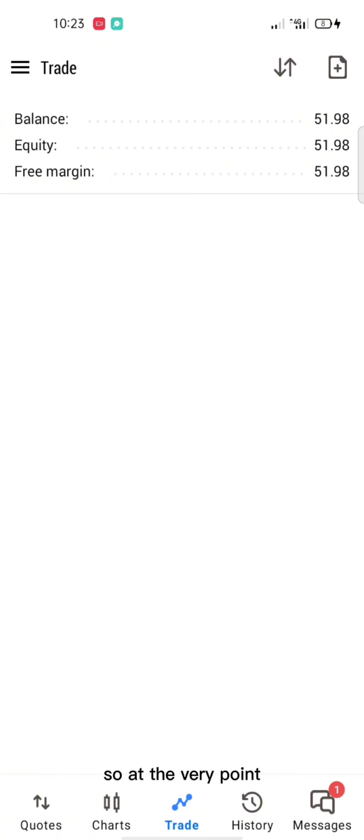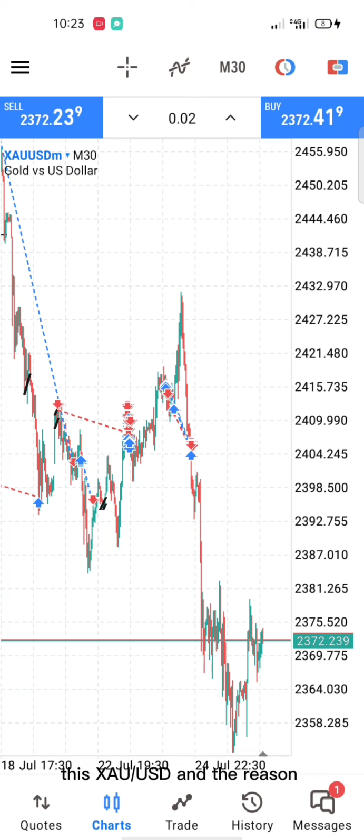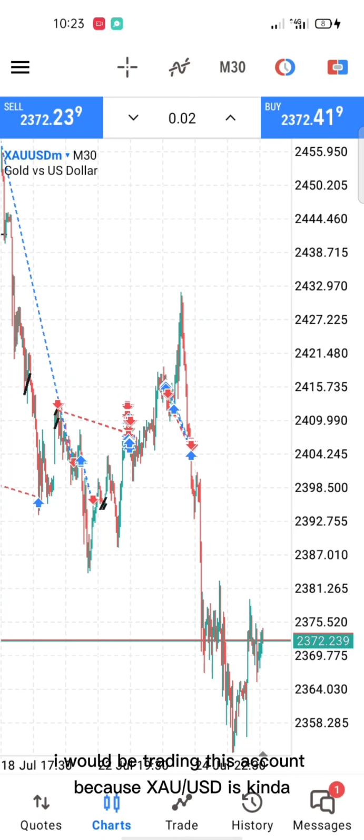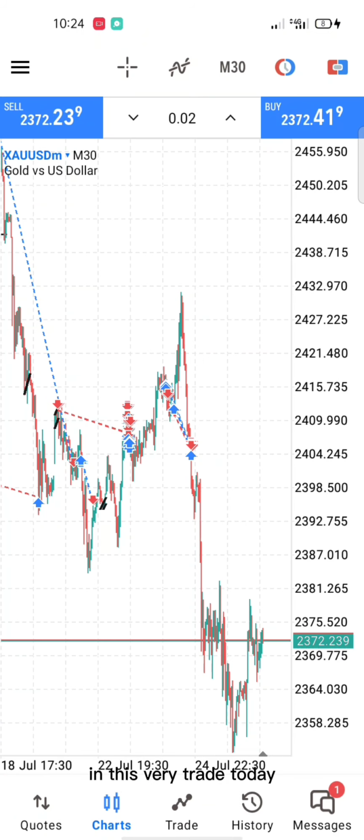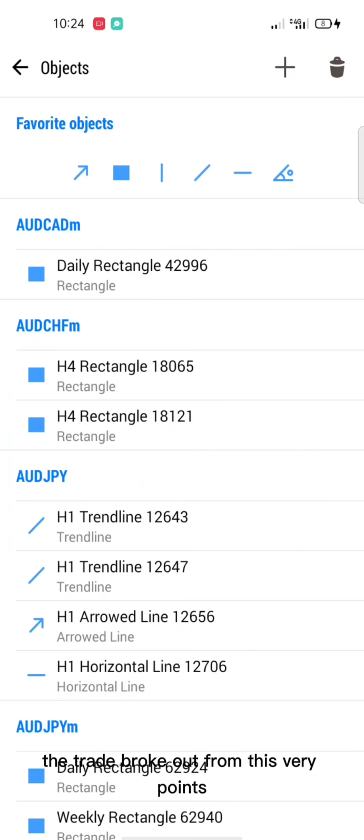At this point, you see what this trade is doing, this XUSD. The reason I'll be trading it is because XUSD is more volatile and can give me the results I want in this trade today. At this area, the trade broke out from this point.